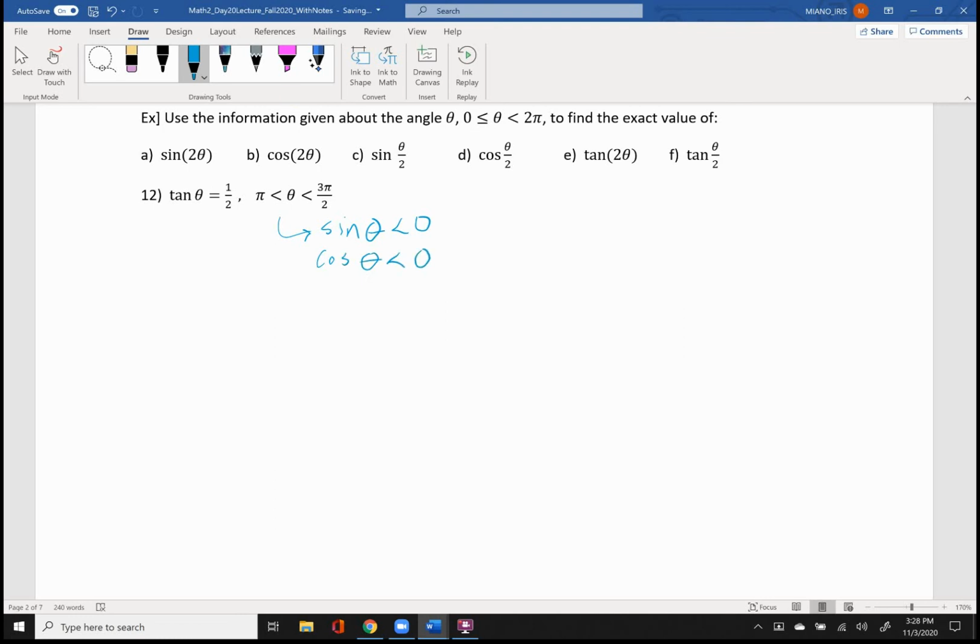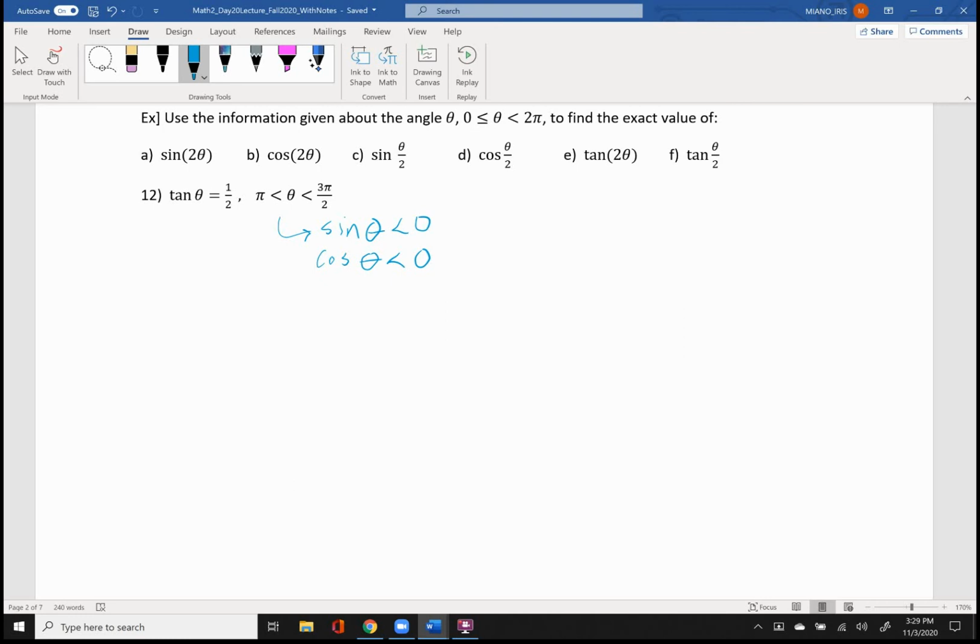Because that's indicative of the sine and the cosine output values, or inputs and outputs rather, in the unit circle anyway, in the third quadrant. Furthermore, it would be good if we were having a go at figuring out what the sine theta value is and the cosine theta value.